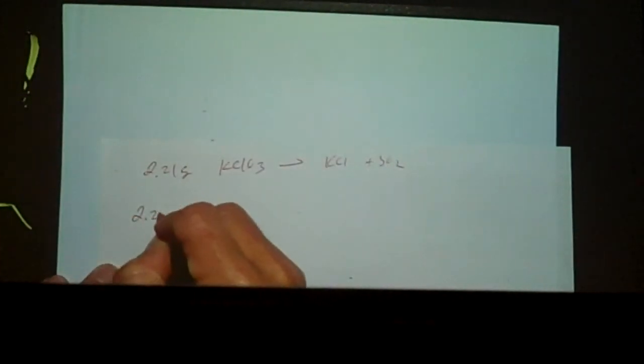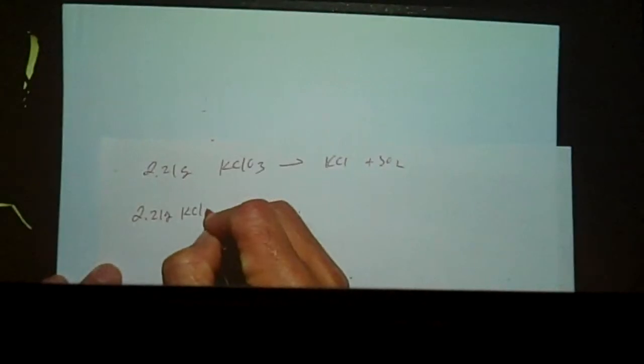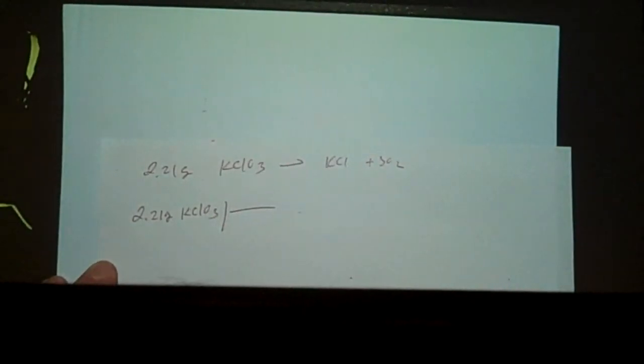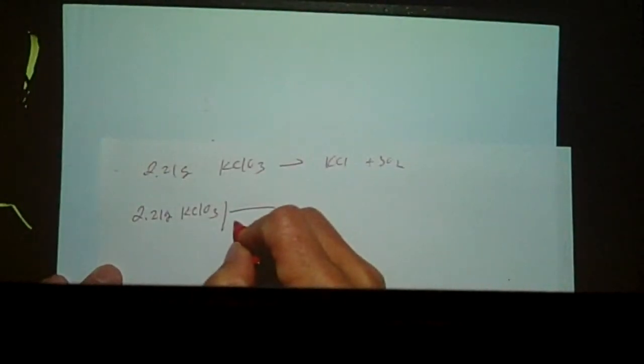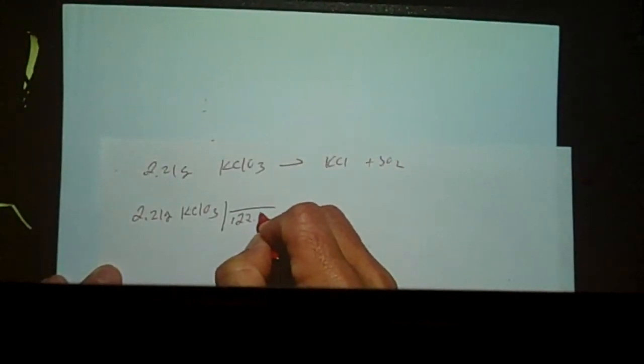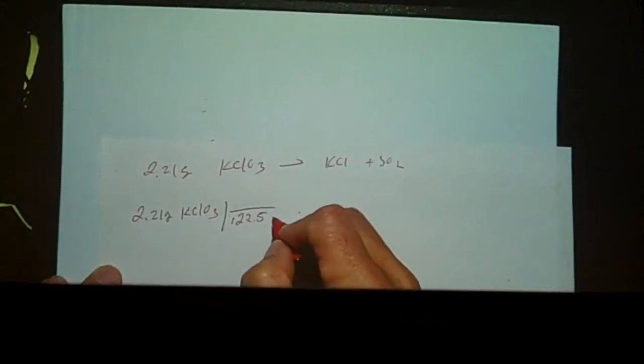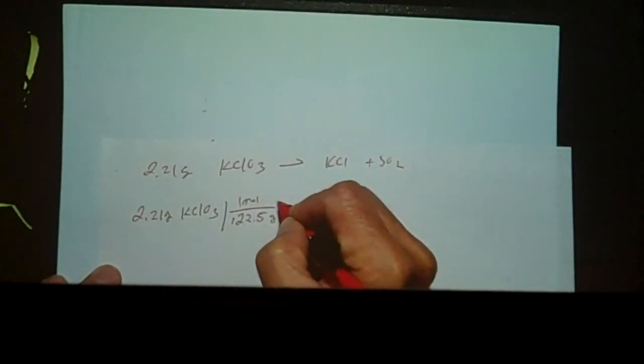Okay, so here we go. We want the volume that is produced from this reaction. Well, the reaction tells me that 1 mole of potassium chlorate produces 3 moles of oxygen. There's the stoichiometry. How many moles of potassium chlorate am I using? Well, 2.21 grams of KClO3. What's the molar mass? 122.5 grams per mole.